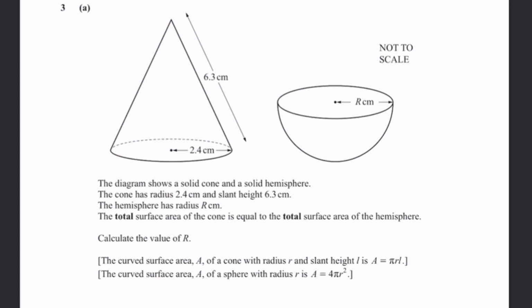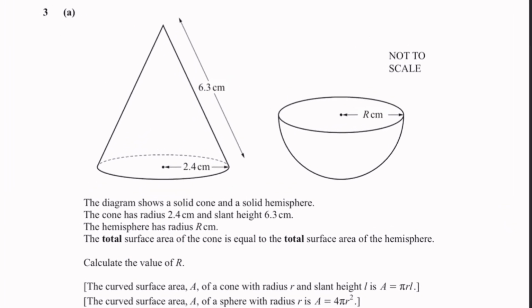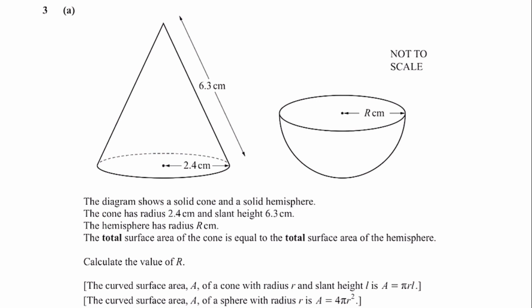Question 3. The diagram shows a solid cone and a solid hemisphere. The cone has radius 2.4 cm and slant height 6.3 cm.